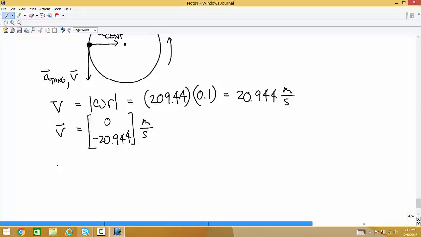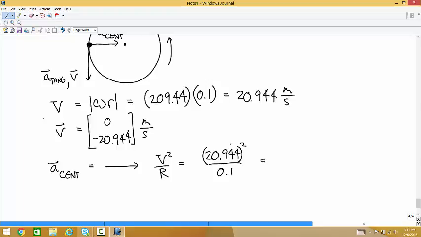So first, the centripetal acceleration is going this way towards the center, and it has a magnitude of v squared over r. So that's 20.944 squared divided by 0.1.